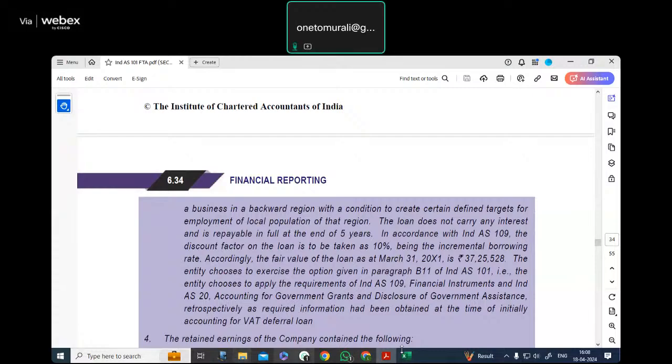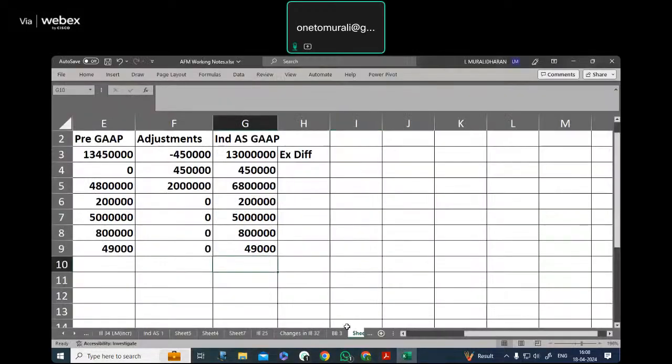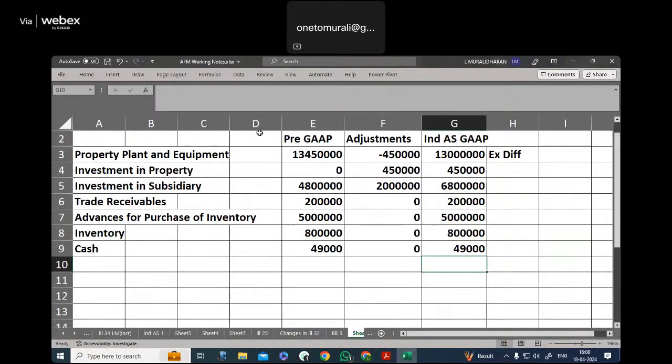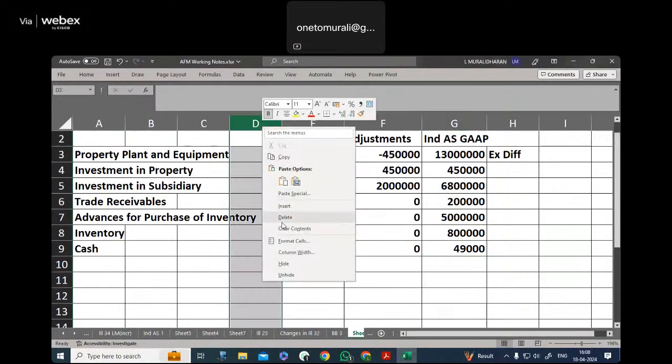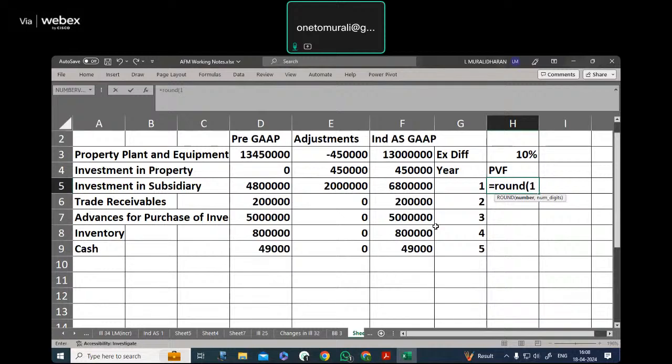See, now let us just show that computation. So now let us take up years 1, 2, 3, 4, and 5. The present value factor is 10% we have to take up. 1 divided by 1 plus.